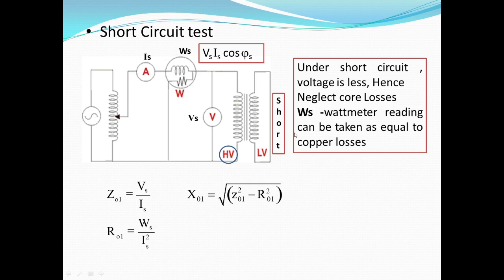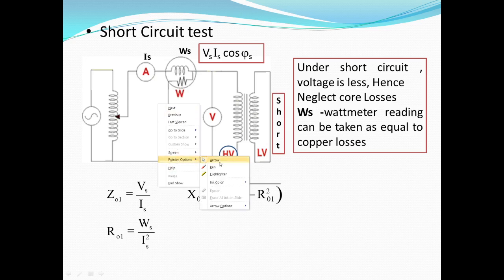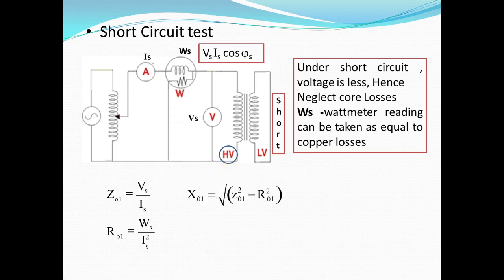This is the diagram explanation to perform the short circuit test on the transformer. Here the wattmeter, ammeter and voltmeter measure the corresponding power, current and voltage. In the short circuit test, the LV side of the transformer should be short circuited and the HV side connected to the supply.